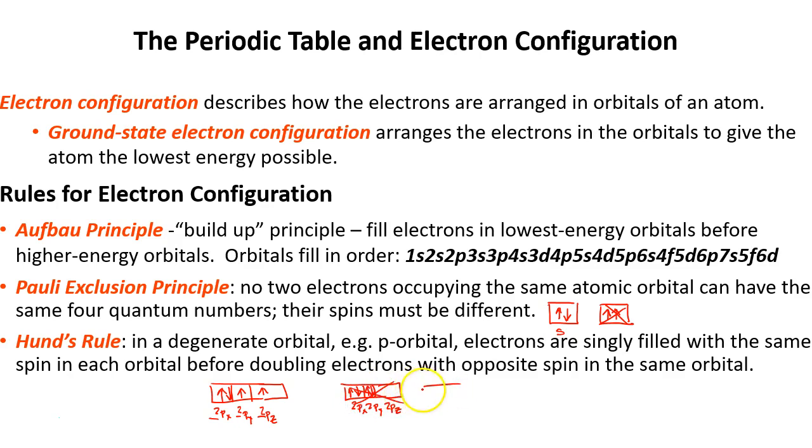I must first singly fill the electrons before I start double filling. So, like so. And then notice that when I singly fill, all the electrons have the same spin. Once I start double filling, the second electron will have an opposite spin of the first electron. Okay, so that's Hund's rule.